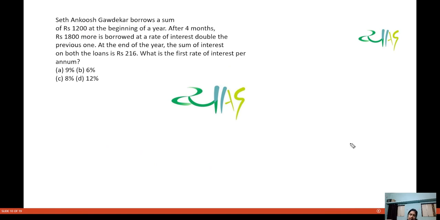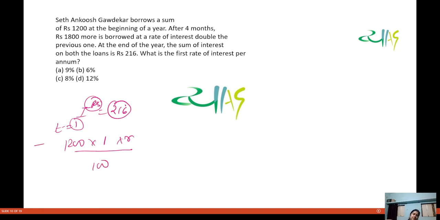So I here is equal to rupees 216. And 1200 rupees I took for 1 year. Time is 1 year, rate of interest I don't know. This is my interest I1, and I2 is on 1800.